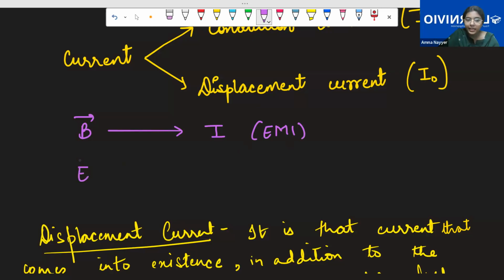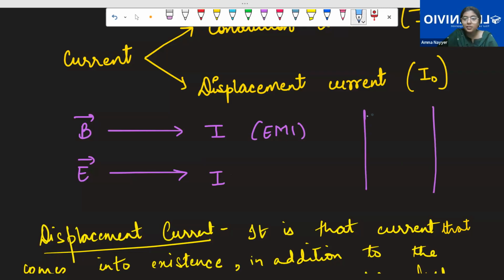Now see, in electromagnetic waves, there is not just a single magnetic field present. There is a component of electric field also existing, equally taking part. So whatever current is produced due to this electric field change, here another current is produced. See why? Between the capacitor plates, this is positively charged, this is negatively charged.